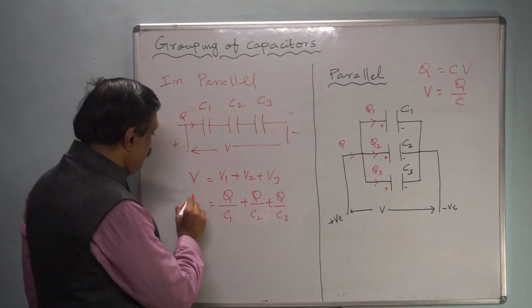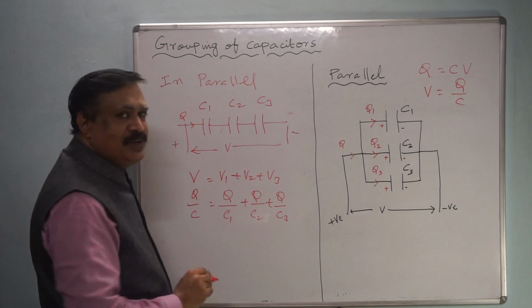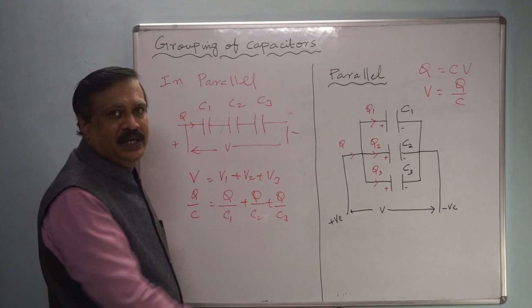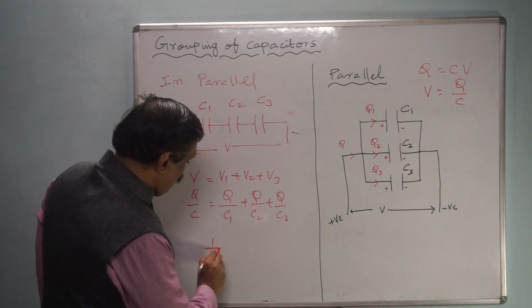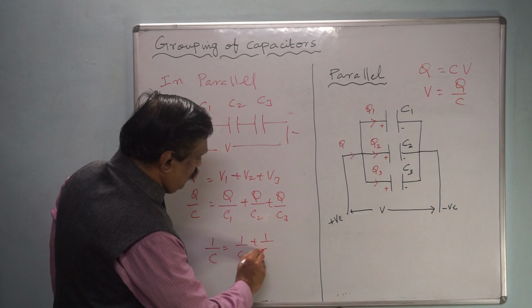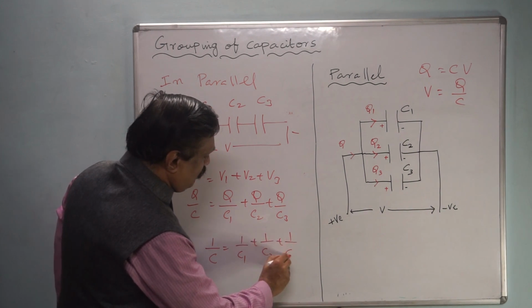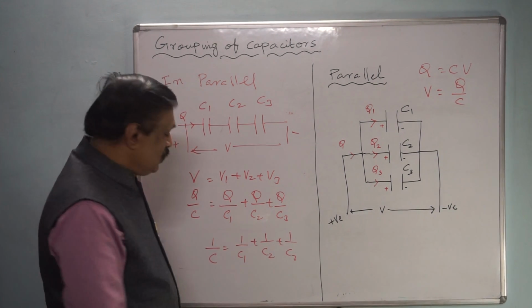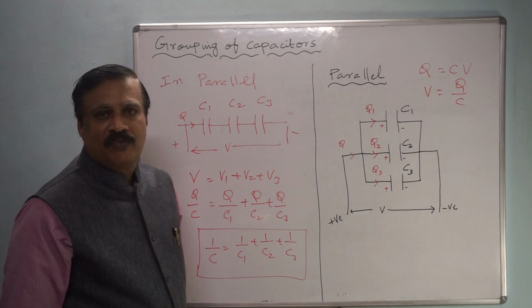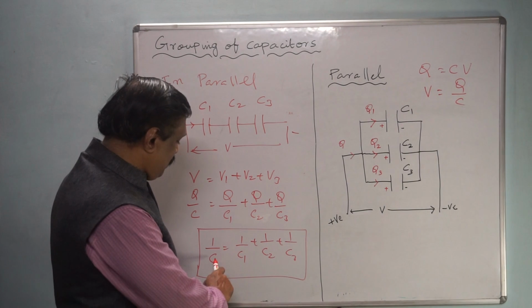And here for V, Q by C. That means net value, net capacitance value. Therefore, all the Qs get cancelled. Therefore, 1 by C equal to 1 by C1 plus 1 by C2 plus 1 by C3. Now, this is the net effective value, total value of the capacitance.